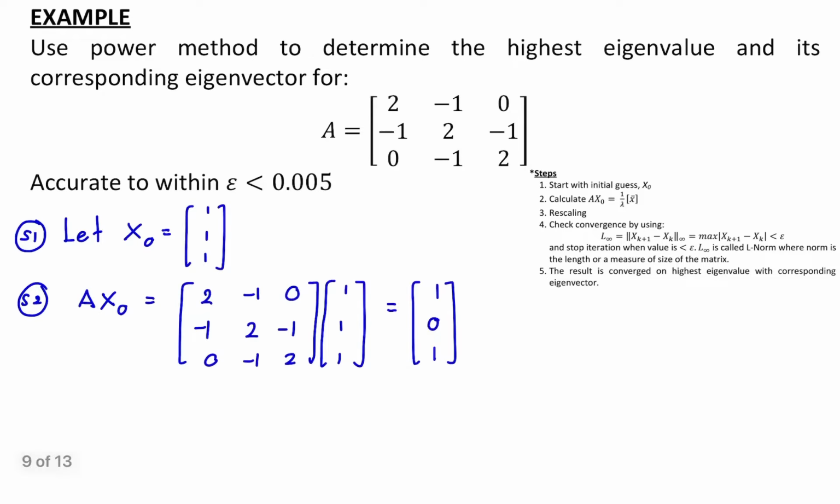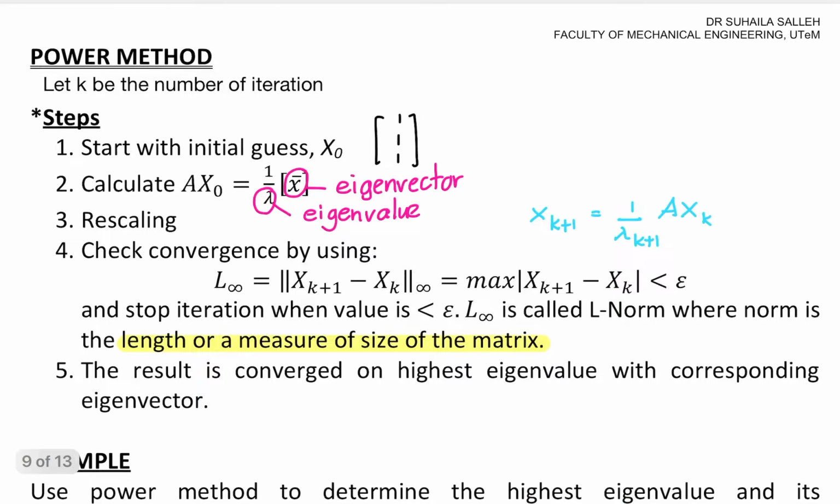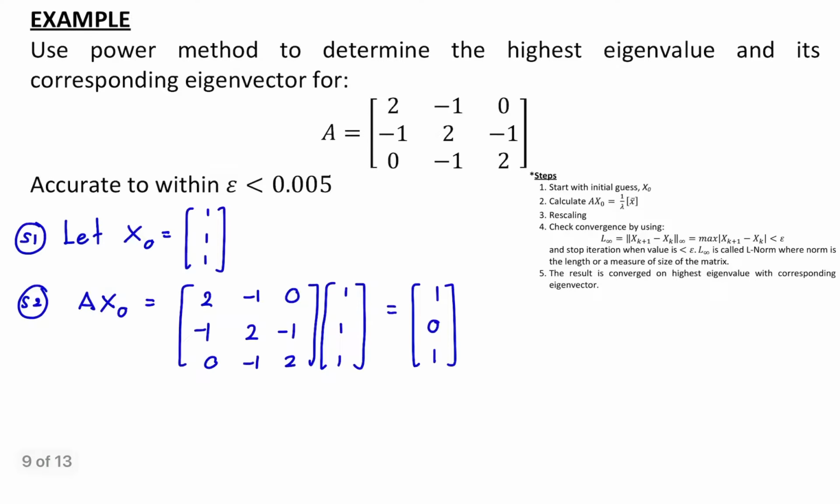This is our second step. From the second step, if you recall what I wrote up here, we want to determine our eigenvalue. That eigenvalue would be the first one, lambda 1, for example.